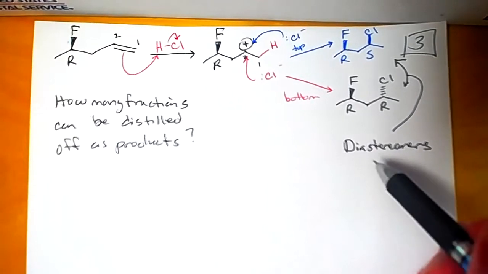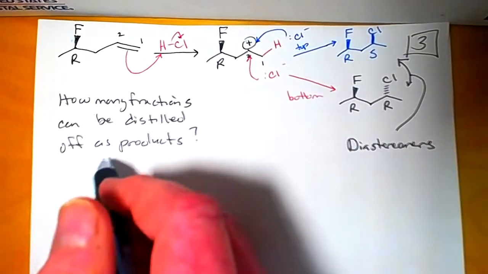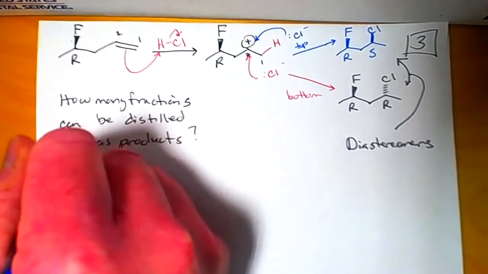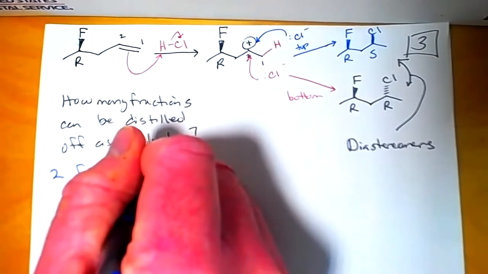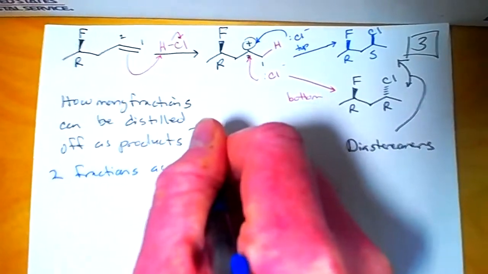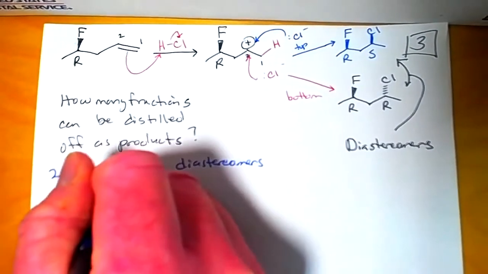And as you remember, diastereomers have different physical properties. So you would expect to see two fractions that would come off in distillation or chromatography, as diastereomers have different physical properties.